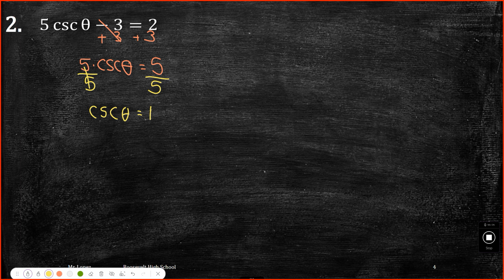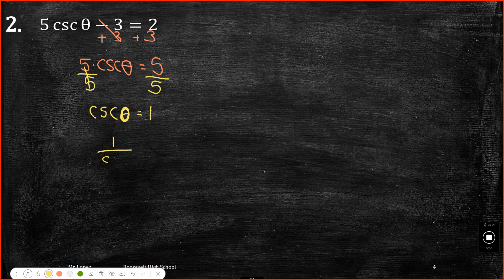1. Now, the one I like the most is sine. Cosine gets me in trouble sometimes. Sine is the one I like the most. Well, good thing is, what is cosecant theta equal to, please?